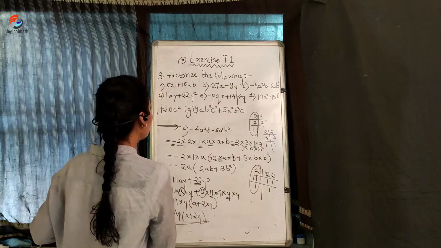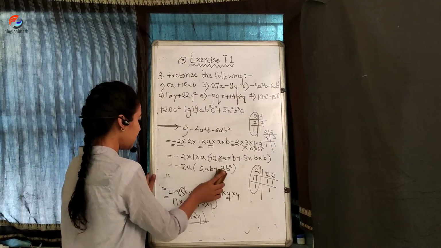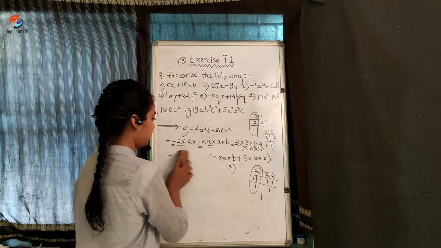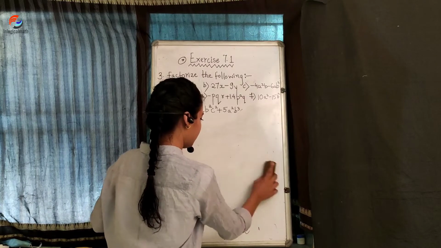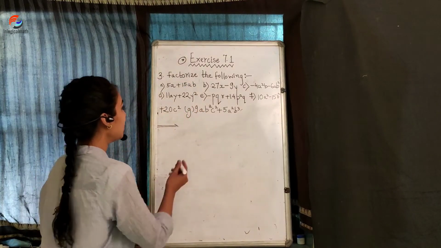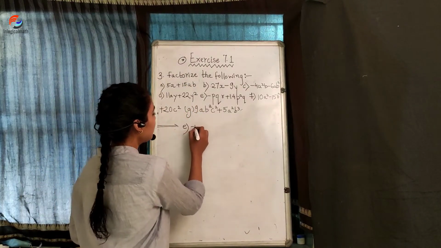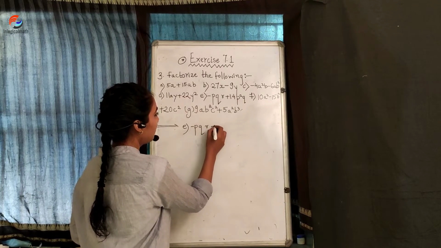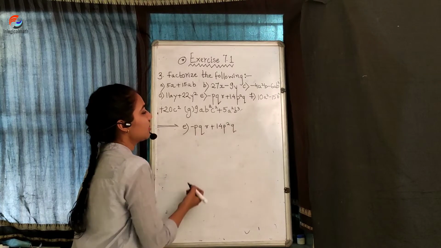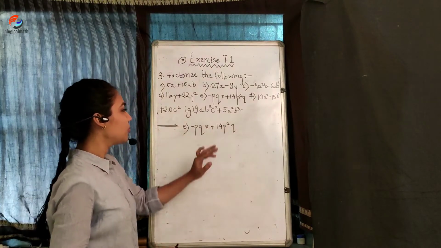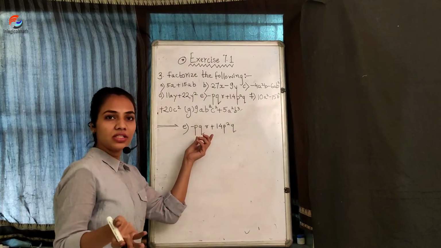Now we will go for E question. So E question is minus PQR plus 14P square Q. Okay, so see P multiply Q multiply R, because this is very simple.